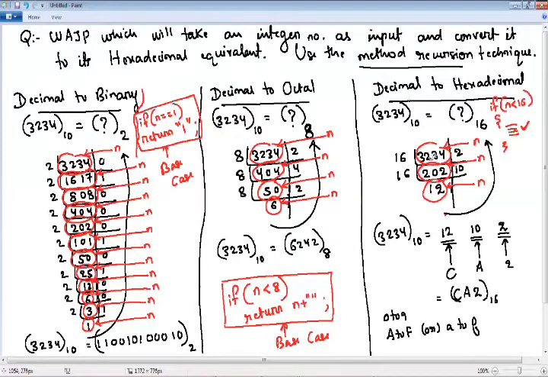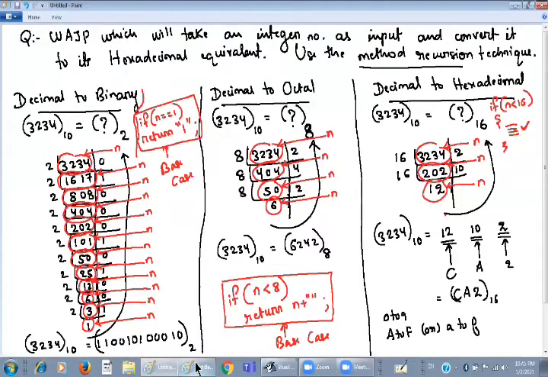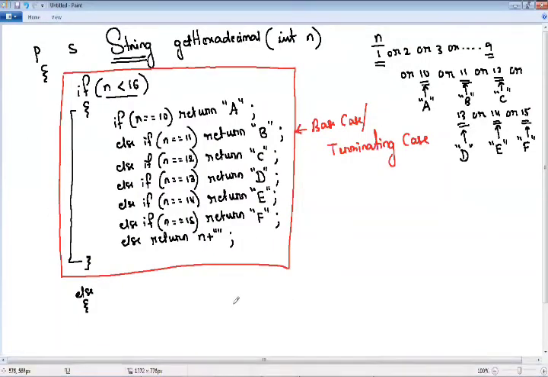When we divide 3234 by 16, we are getting 202. So we need to pass 3234 divided by 16, that is n divided by 16, and we need to concatenate the same value with the remainder. So we need one more variable, a remainder variable. Let me declare one variable, int remainder.